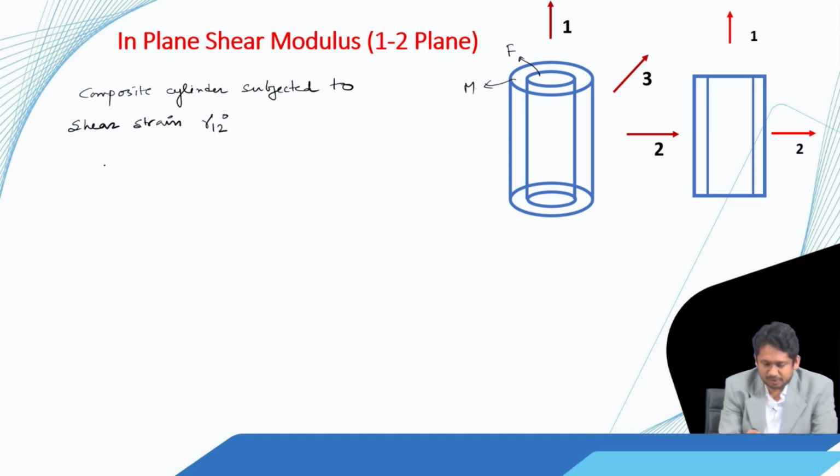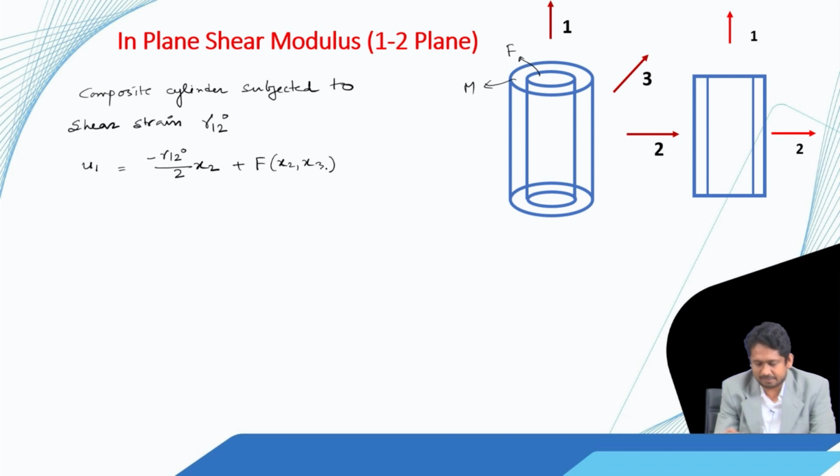Now, we make some assumptions for our variables u 1, u 2 and u 3. u 1 is displacement along 1, u 2 is displacement along 2 and u 3 is displacement along 3. So, for u 1 the assumption that we make is minus gamma 12 0 by 2 into x 2 plus a function f of x 2 and x 3.